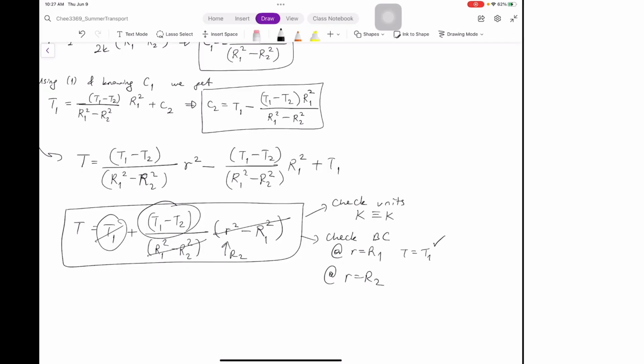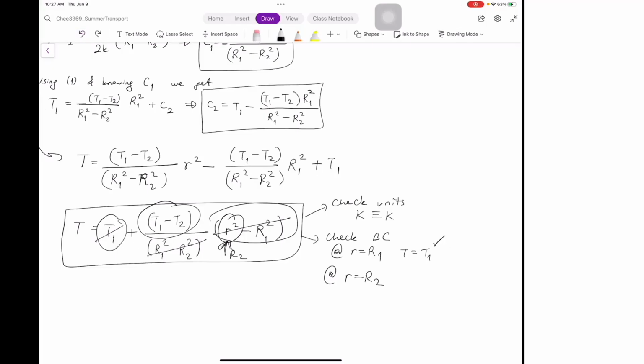yeah, I made a mistake here then. T1, yeah, I made a mistake here, see. If you plug in R2, oh, no, I didn't make a mistake, because if you plug in R2 here, then this becomes minus of the denominator, so you get minus 1 if you cancel the 2. So this is minus T1 plus T2, and you cancel these 2, and then you come up with T2, which makes sense.